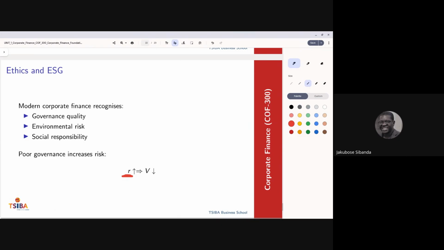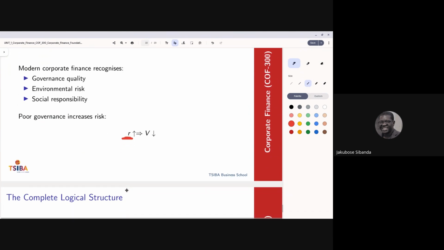It's an environmental risk. So, if your company only employs people from a certain region and ignores people from another region, there's going to be discontentment and you are going to deal with that. So, that is social responsibility and governance quality as well. That is very, very important.